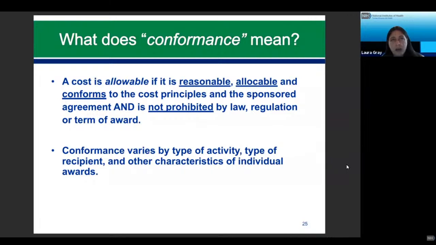Or for instance, if you had an institutional policy that was more strict in general and said for any award that NIH provides or any award that any federal government provides, we won't charge meals for that award, you would have to conform with the policy. It is more strict, but as long as it's in compliance with your terms and conditions of award, your institutional policy can be more strict, and you have to conform with that.